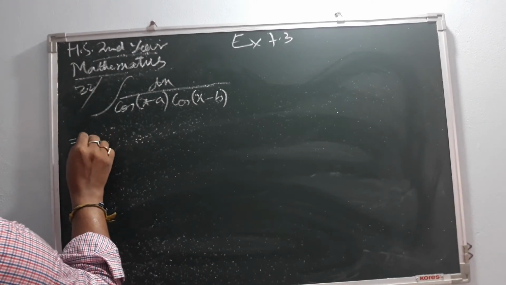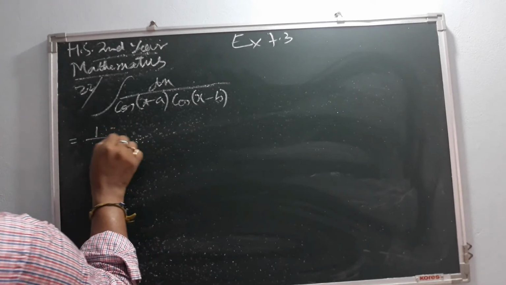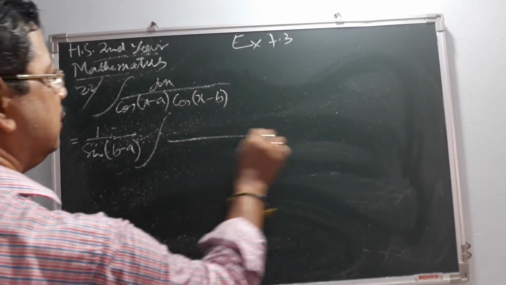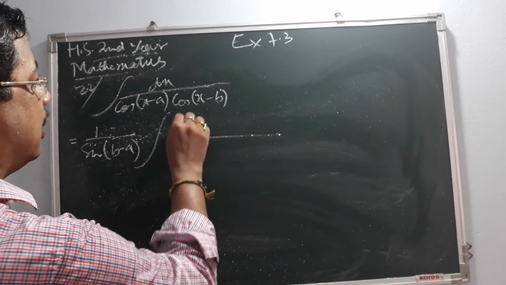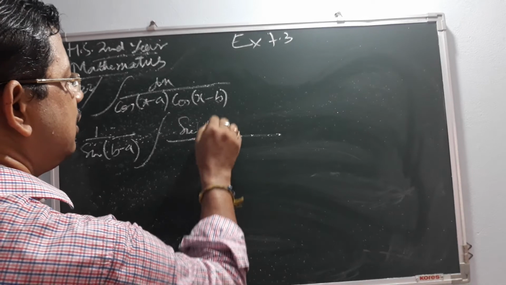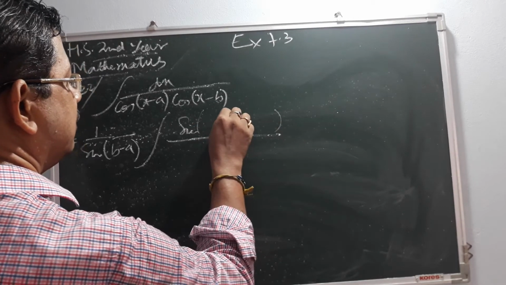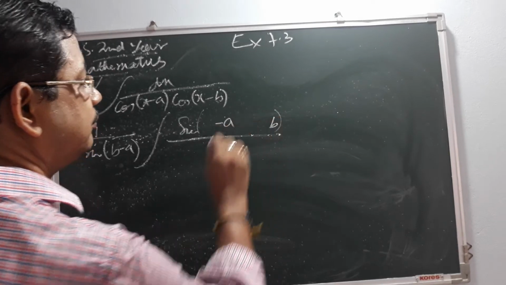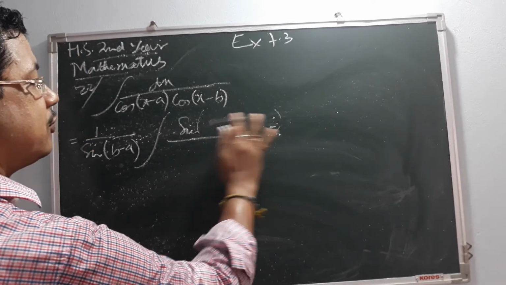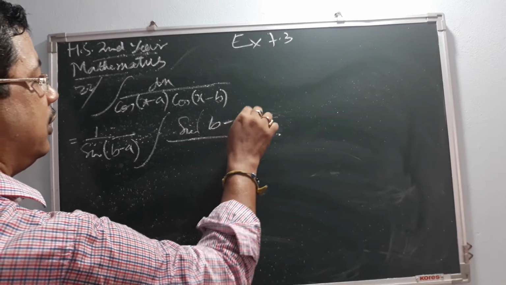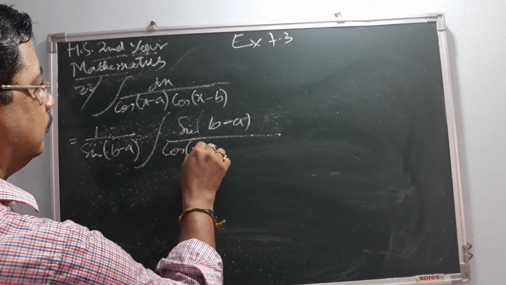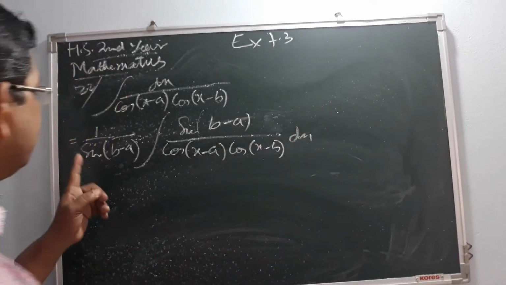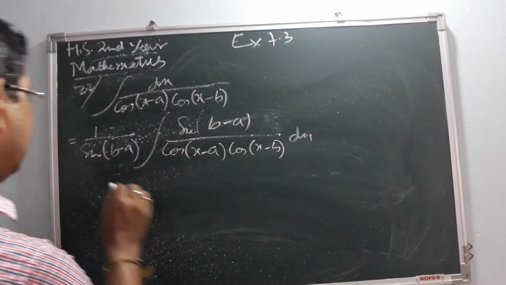If we write here 1 by sine of b minus a, so definitely b minus a is a constant. Here we can write 1 by sine b minus a, and I have introduced here sine, there also sine.